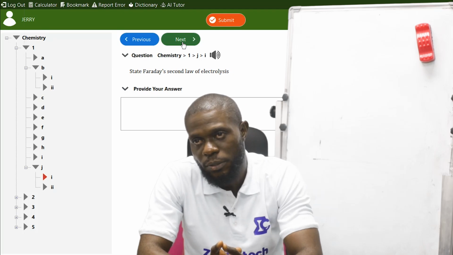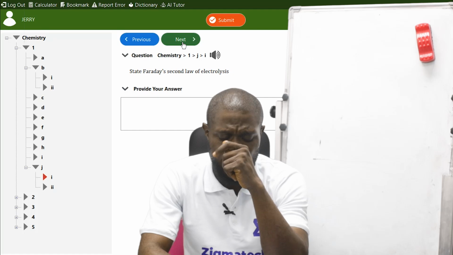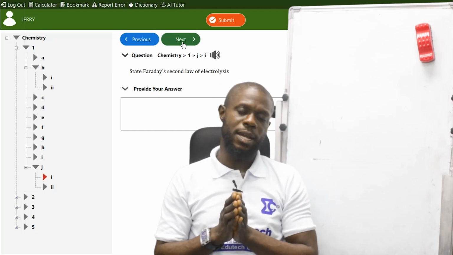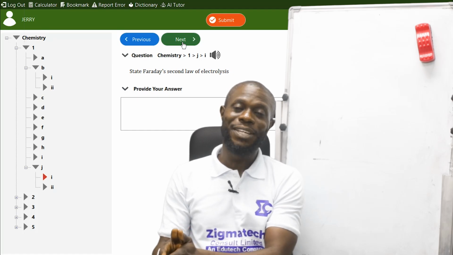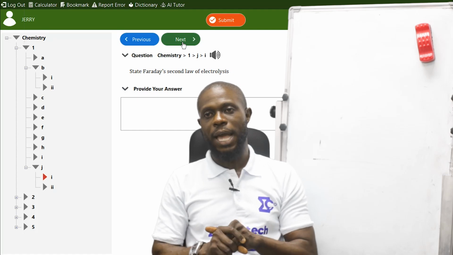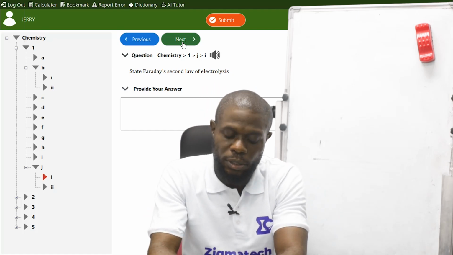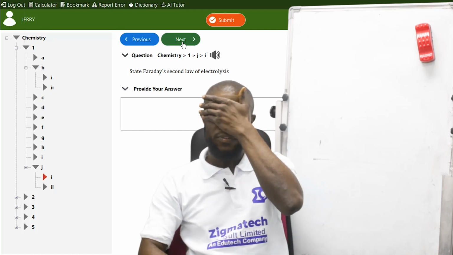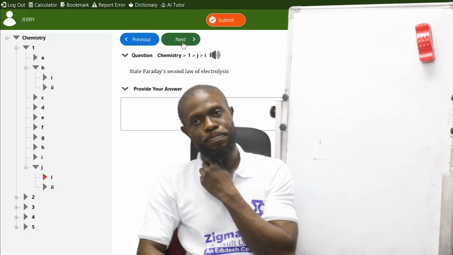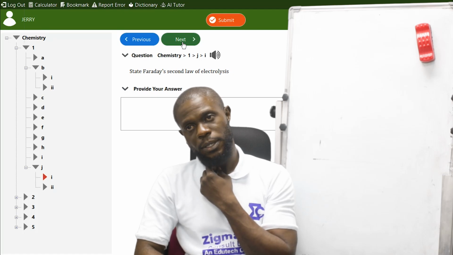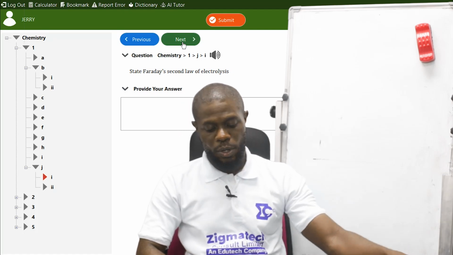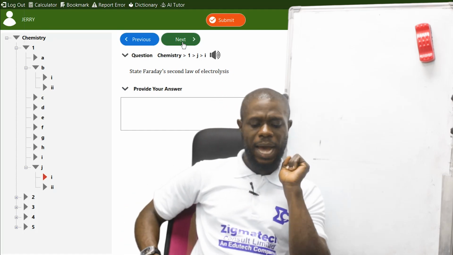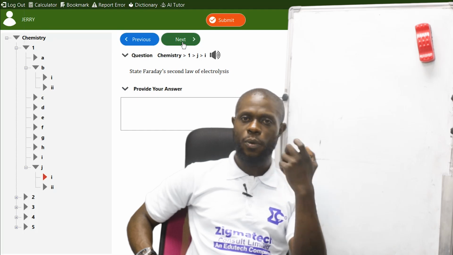It states that if the same amount of electricity is passed through different electrolytes, the masses of the ions deposited at the electrodes are equal to their chemical equivalents. So I might say the same amount of current, it's the same thing.